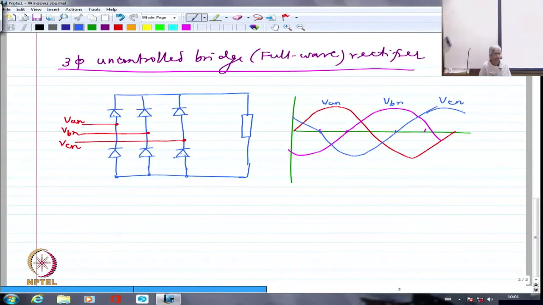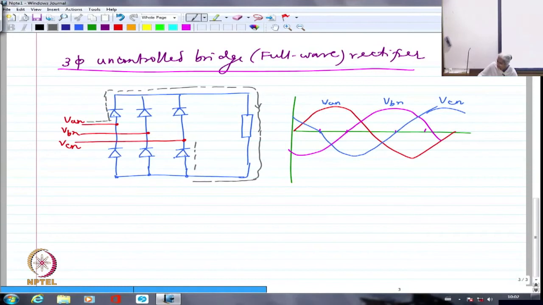For example, if I assume that the current is flowing from here, it will flow through this, it has to flow through the load. Load direction is like this, up to down, and it might return through this, which is C phase, or it might return through this, which is B phase.